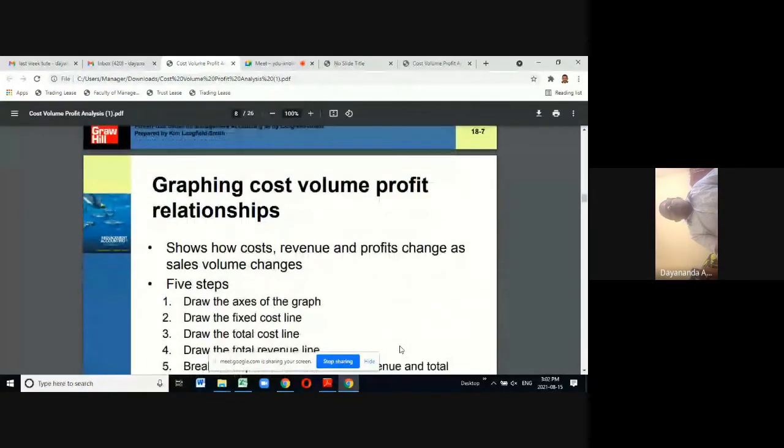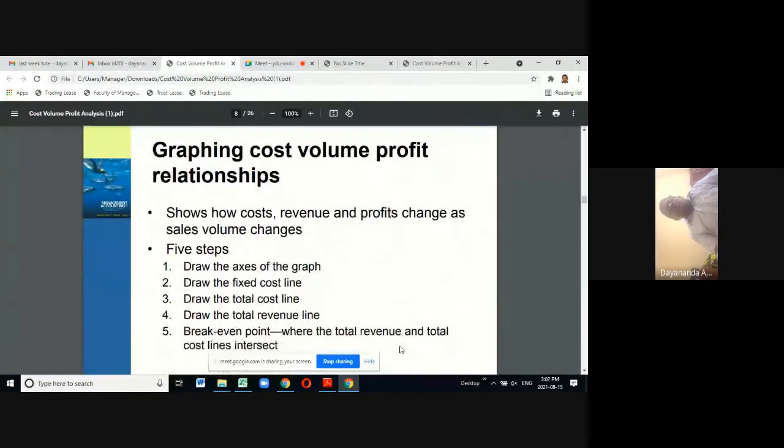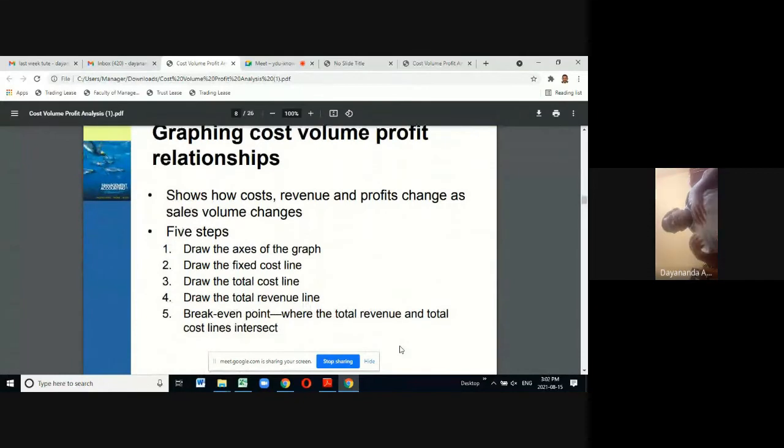Now we will come to the graphical cost volume profit relationship. We can prepare this in a diagram format. Of course, we have two axes. There are 5 steps.